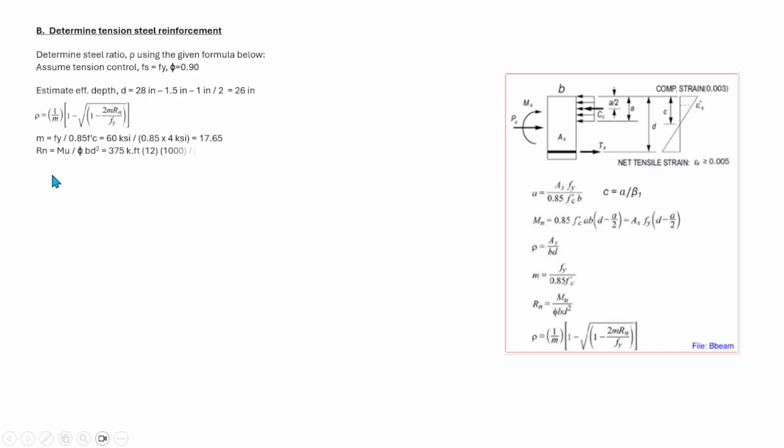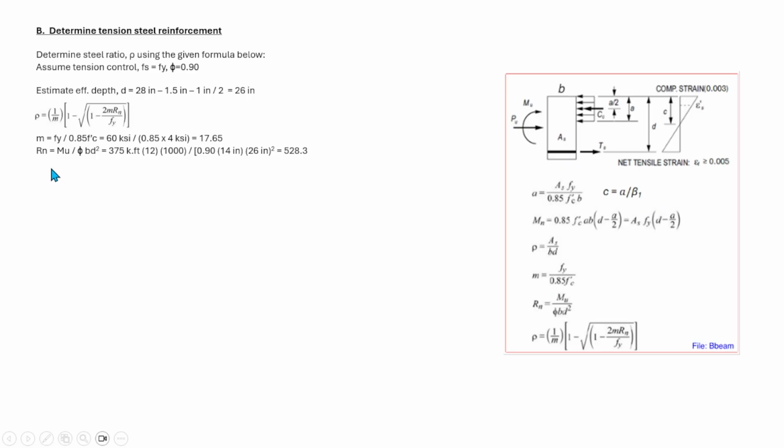And for the Rn, which is this one here, that is equal to Mu over phi b d squared, where Mu is equal to 375 kip-feet times 12 times 1000 all over 0.9 times 14 times the effective depth of 26 squared, and that is equal to 528.3.